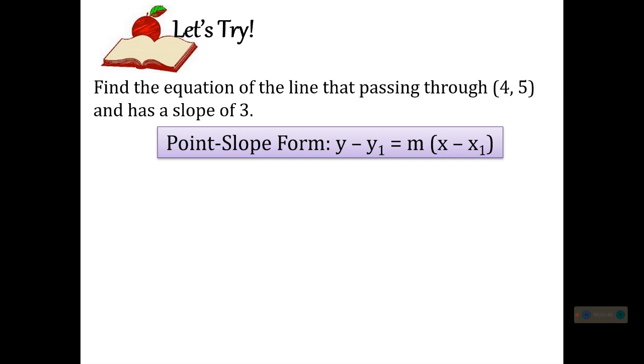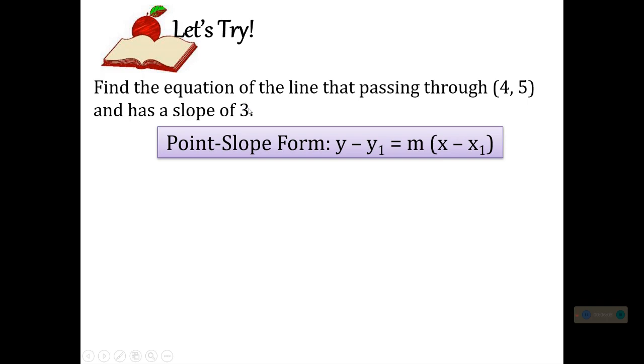This method of finding the equation of the line is quite easier than our first method, because this time, our m or the slope is already given. Unlike the first method, where you still have to solve for the slope.